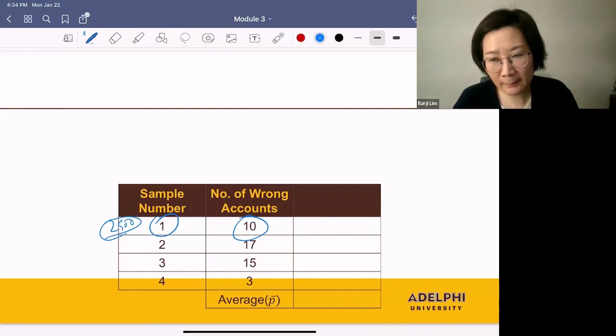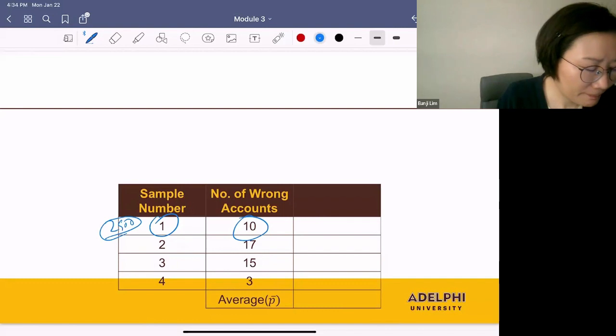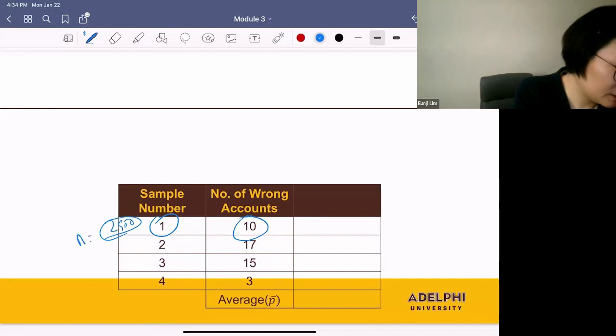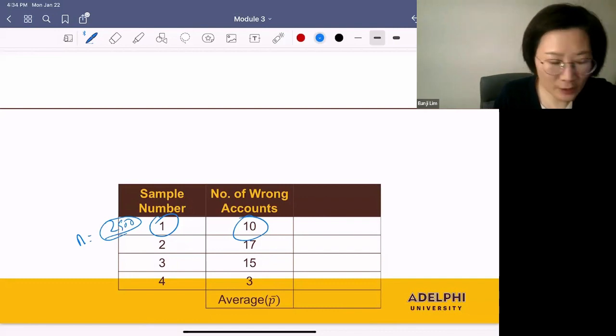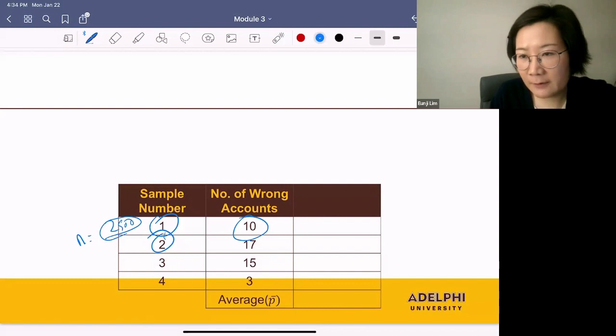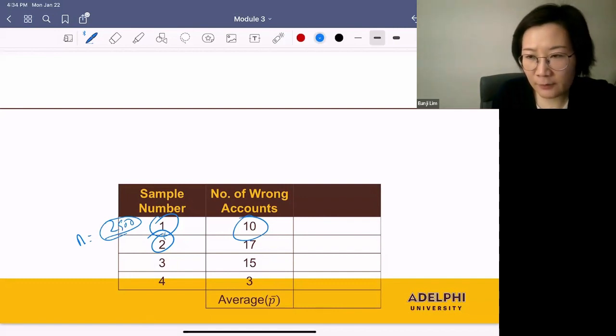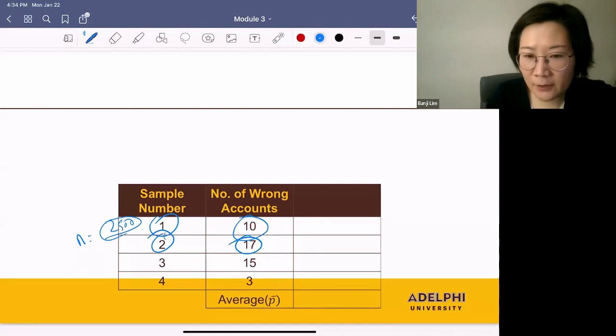No, we just sampled some of them. We sampled 2,500 accounts. So that's the sample size, n equals 2,500. And we repeat this every week. In the second week, we collected another 2,500 accounts. Of these 2,500 accounts, we found 17 accounts that are recorded wrong.